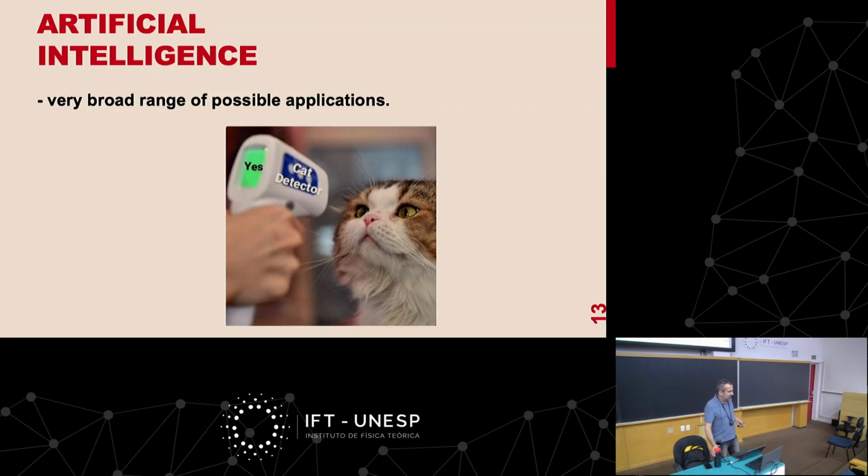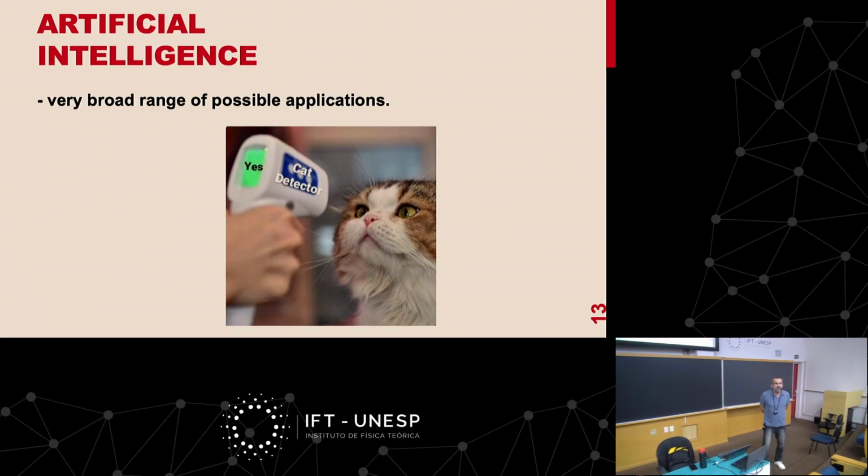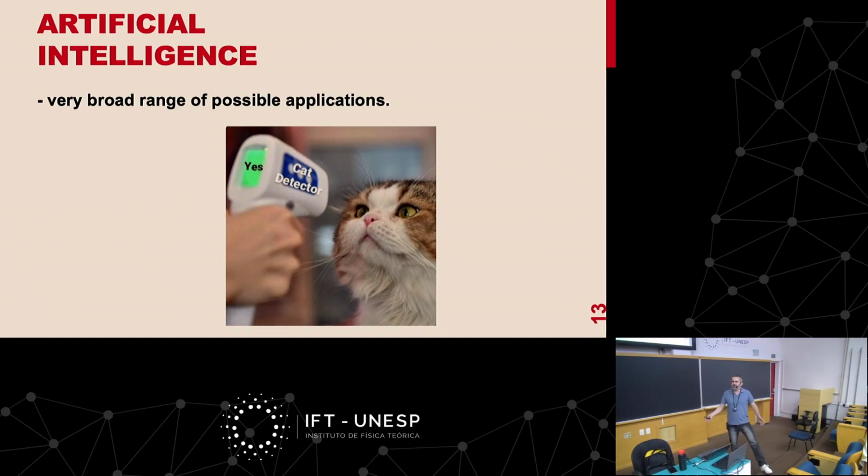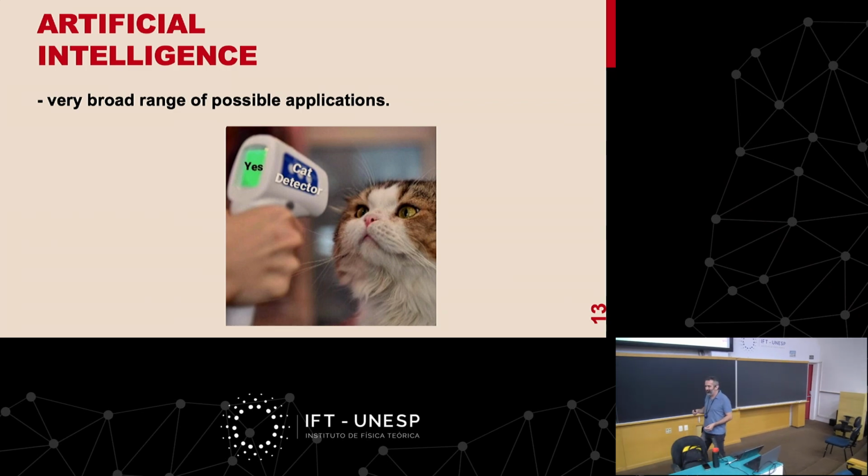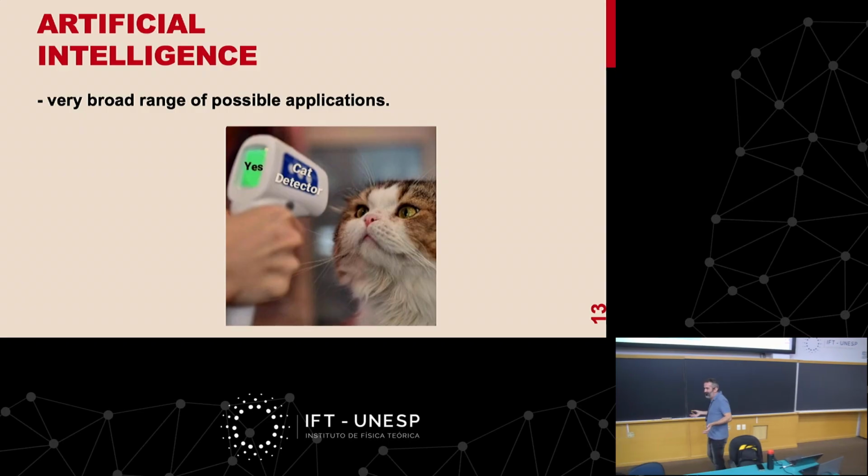But when we started working with this a few years ago, my students came to me and said, come on, Gustavo, why do we have to use artificial intelligence to learn a property of a material? Just tell me the material that you want to study, and I'll go to the computer. A few minutes later, I come back and I tell you the results. I mean, it's not that hard, right?